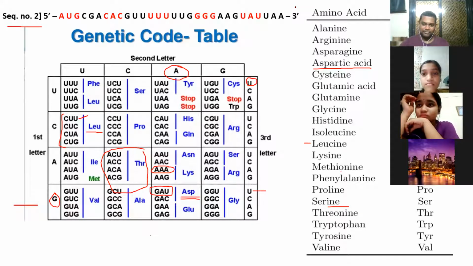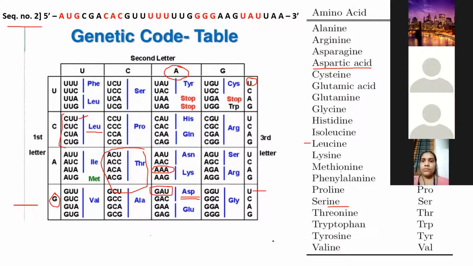What you have to do, looking at the sequence and referring to this genetic code dictionary, is write the list of amino acids one after the other. It's a chain of amino acids, in fact.